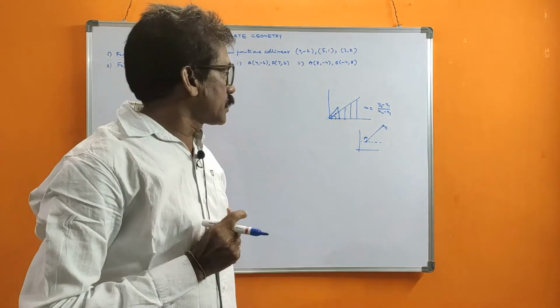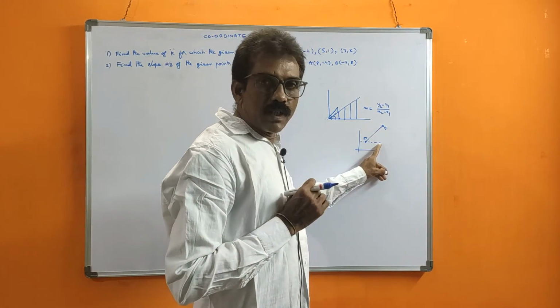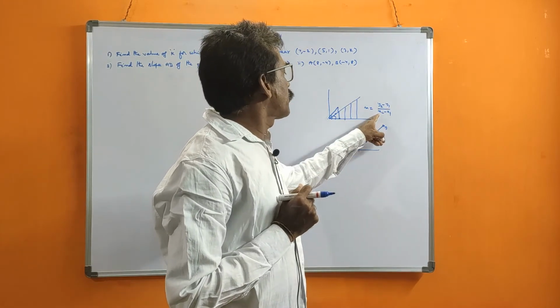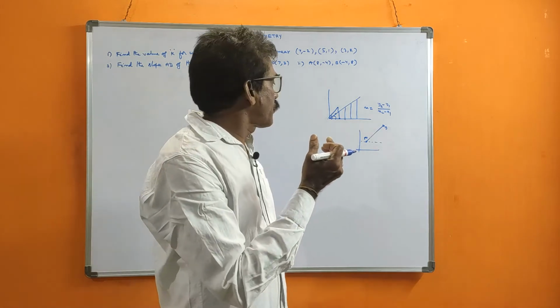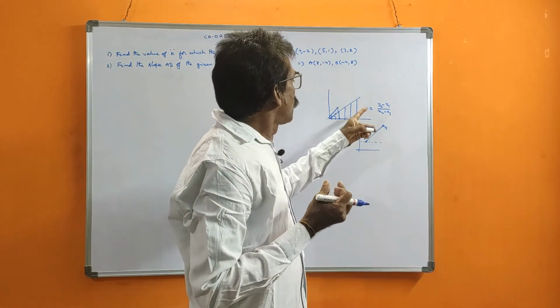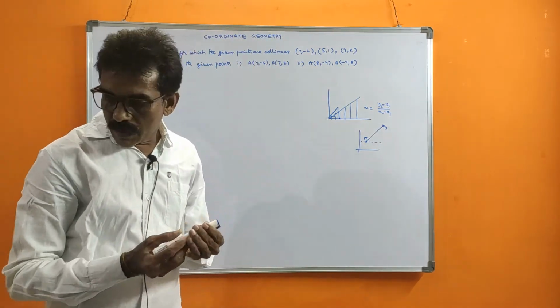Slope is denoted by the letter m. The relation is vertical distance, height, to the base. So the formula is y2 minus y1 by x2 minus x1. 2 points are given, one point is x1 y1, one point is x2 y2. Numerically they give it, and by using this formula we will get the slope.